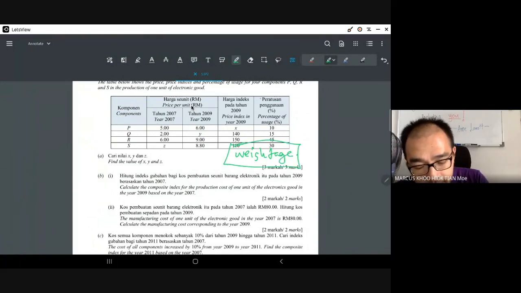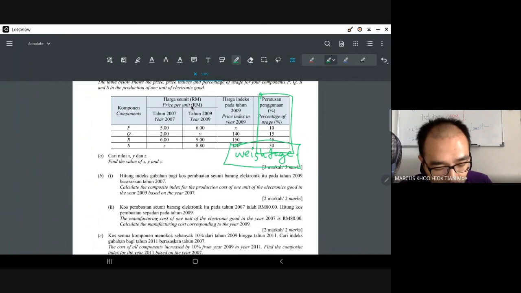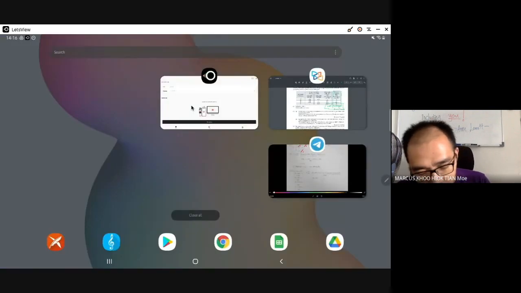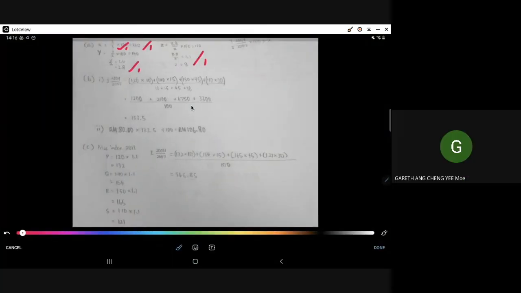But anyway, I think it's a good thing that you saw that the percentage of usage is also known as the weightage, not wavelength. Okay. All right, good. Continue. And then we calculate it, it will become 133.5. Okay. And for B2, it is said that in 2007, the cost of 1 unit of electronic goods is 80 ringgit.